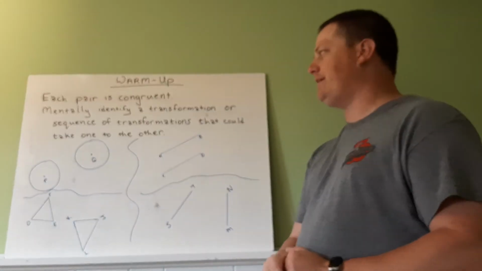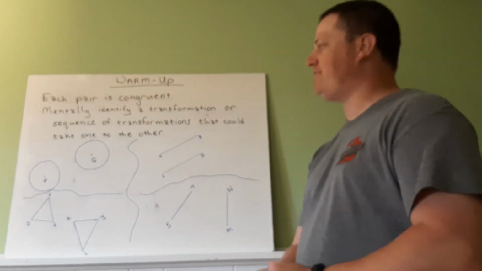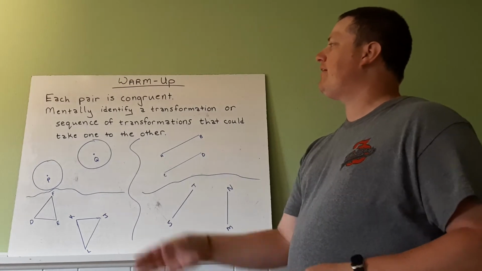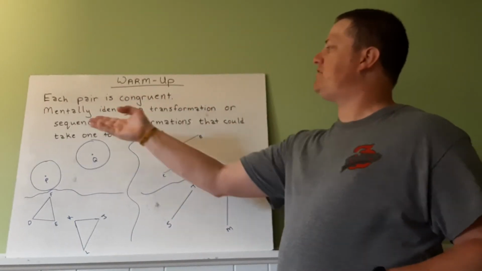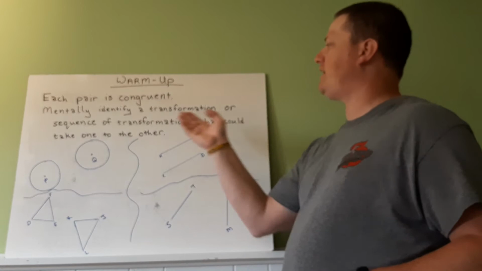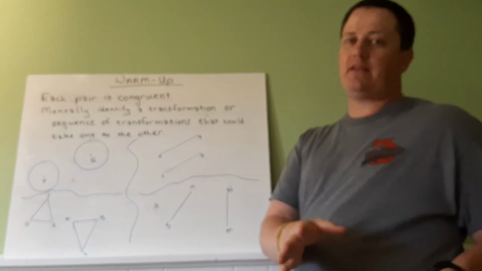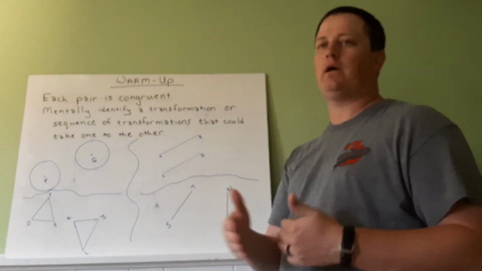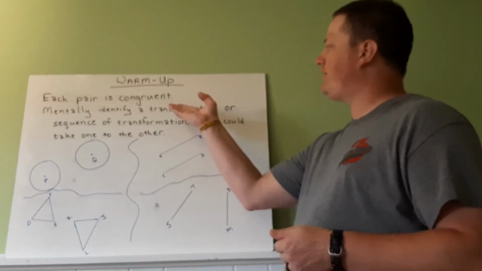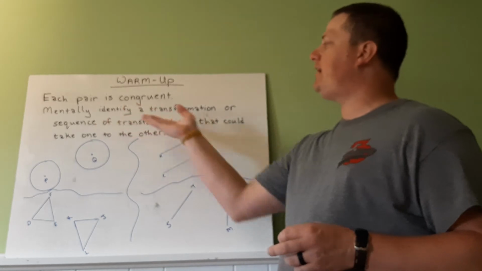Don't hold my drawing abilities against me. Just imagine that they're the same. Okay, mentally identify a transformation or sequence of transformations that could take one to the other. So sometimes it takes one thing to move it, sometimes it might take more steps. So a transformation would be one step, a sequence of transformations would be 2 or more steps.